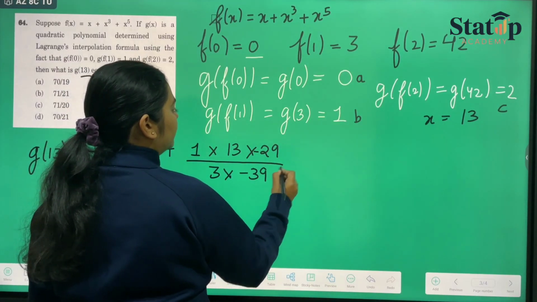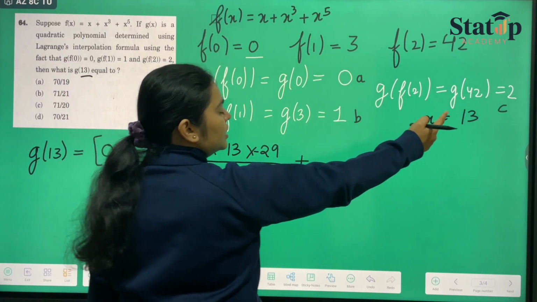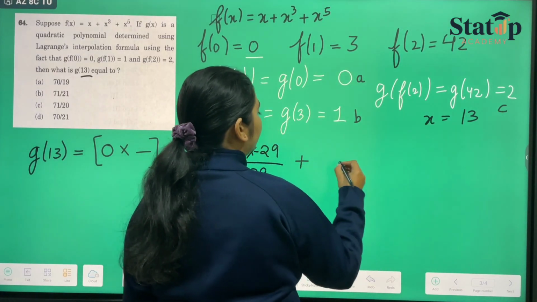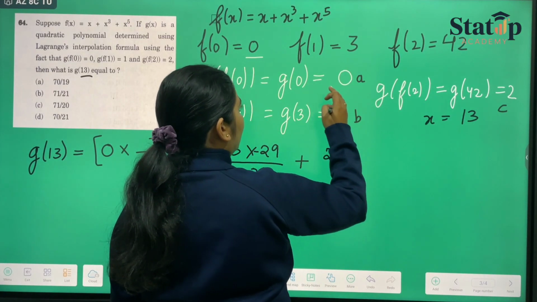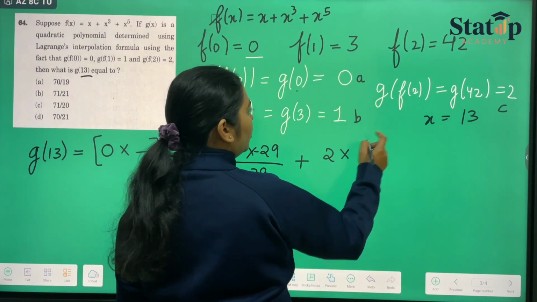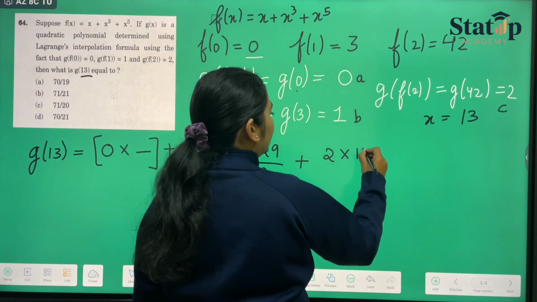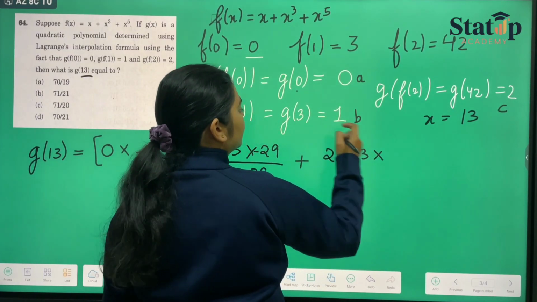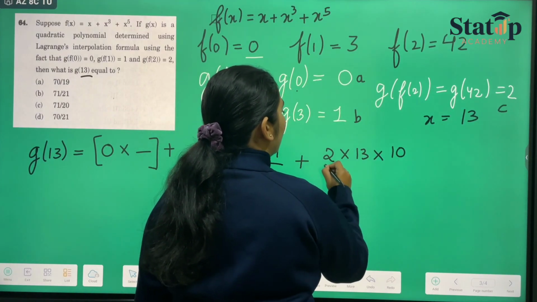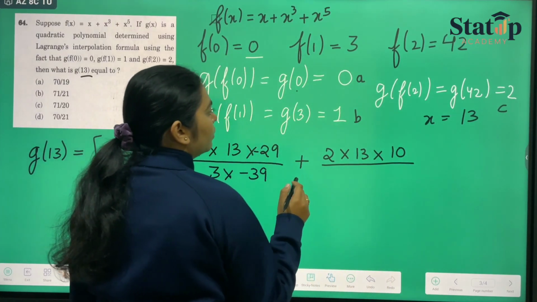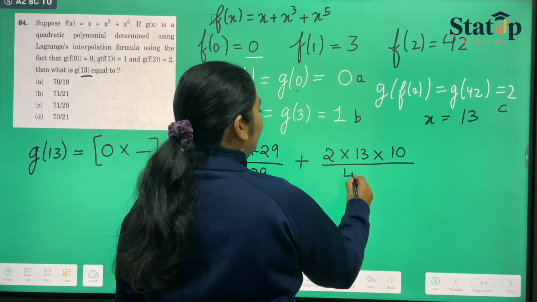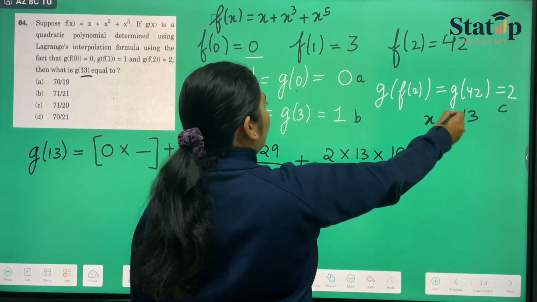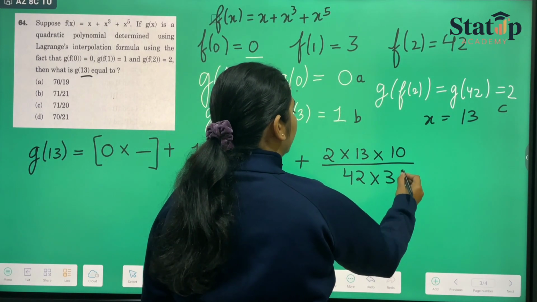of 39, plus f of c or g of c. Here we have been provided with 2, x minus a. X minus a is 13 minus 0 is 13, and 13 minus 3 is 10, upon 42 minus 0, which will be 42 only, and 42 minus 3, which will be 39.